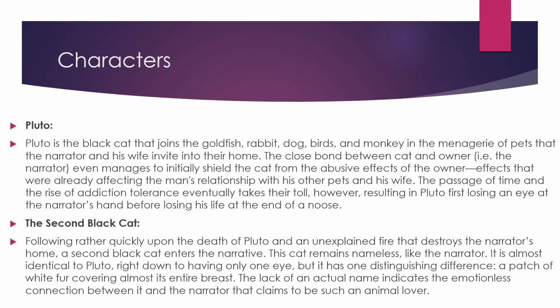Of course, we are not sure whether it is the same first black cat, but it has the same identical characteristics of that one lost eye and the same fur, the same features and characteristics. So here we have the coming back from death.